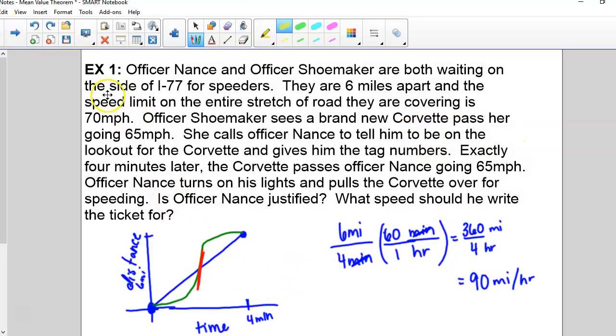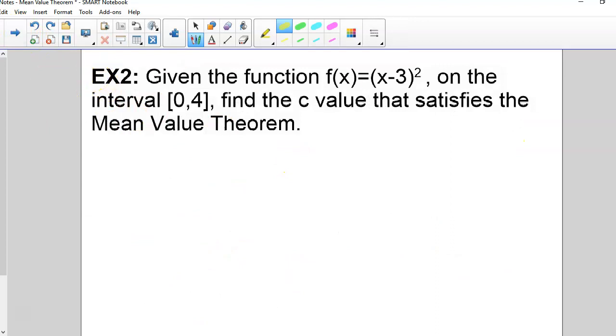So what I would say for example 2, f of x equals x minus 3 squared. That's just a quadratic. Quadratics are continuous everywhere. They're also differentiable everywhere. So we could say for this, f of x is differentiable for all real numbers.